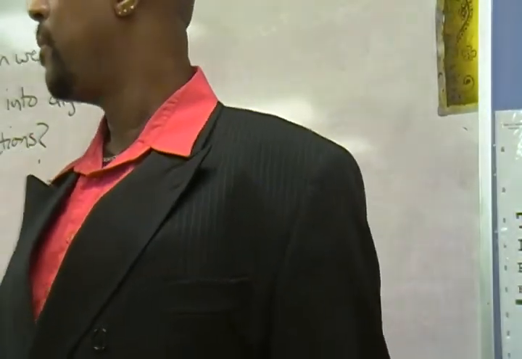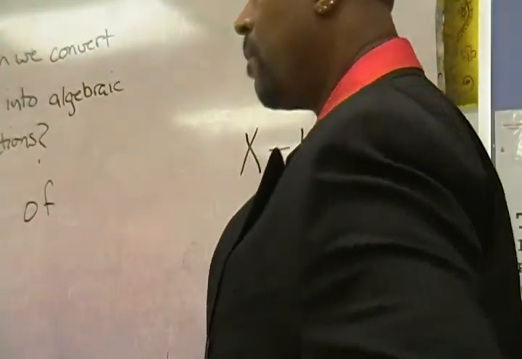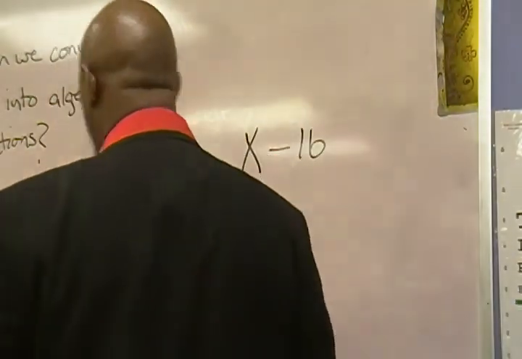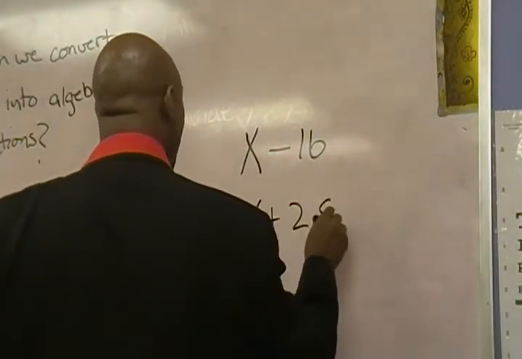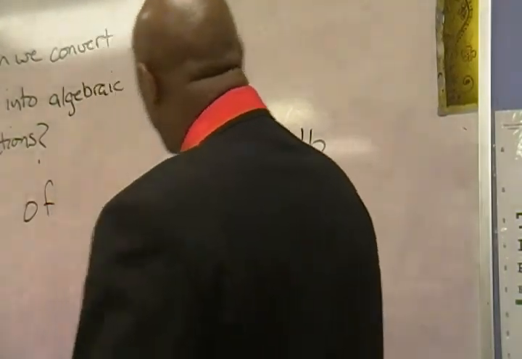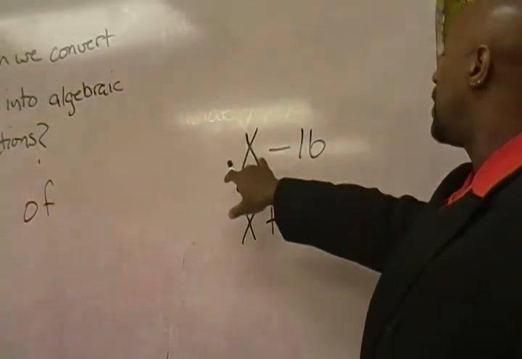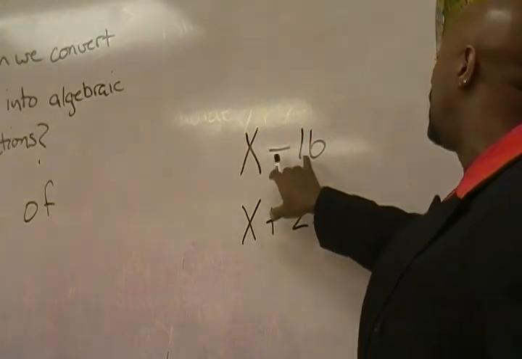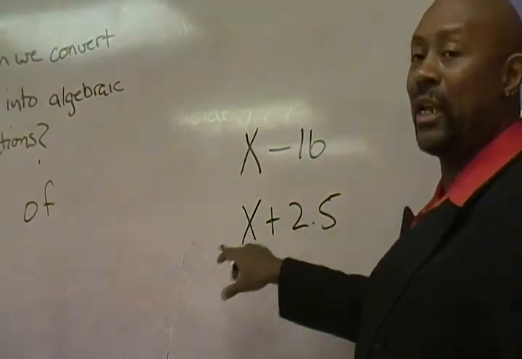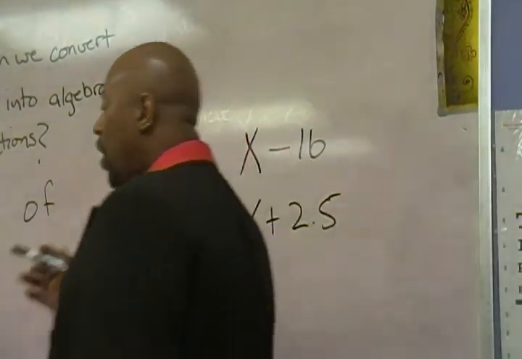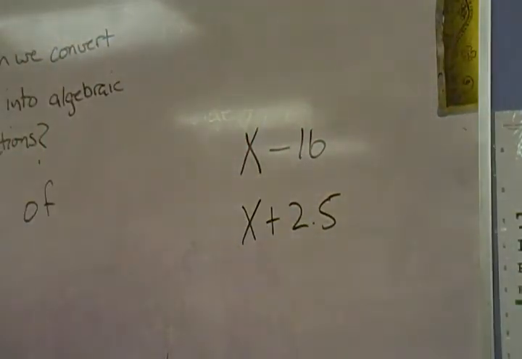Go ahead. x plus, what did you say? 2.5. x plus 2.5. That's good. This is 16 less than our number. This is 2.5 more than a number. I just want to familiarize you with those terms, and that's going to make it easier.